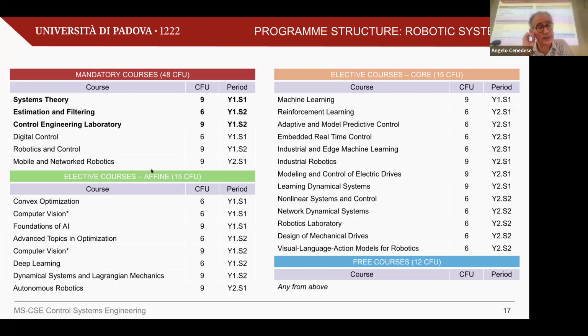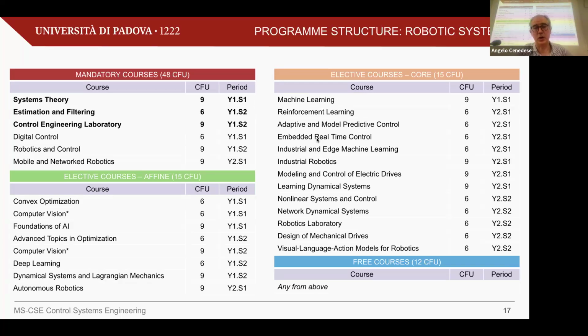Then we complement this part with the elective courses. These are all the courses from the automation group, and here you can find many courses from the artificial intelligence path, so machine learning, reinforcement learning, there is deep learning here, and foundation of AI.